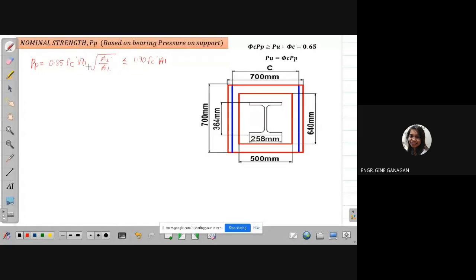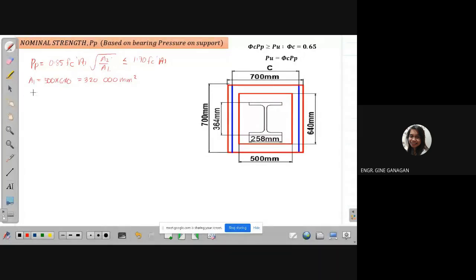So, looking at this figure, ito na yung figure natin. Yung area 1 natin, that is equal to the dimension ng ating base plate, that is 500 by 640. Diba? So, can we solve for our area 1, that is 500 by 640. Okay, so that is 320,000 mm squared.